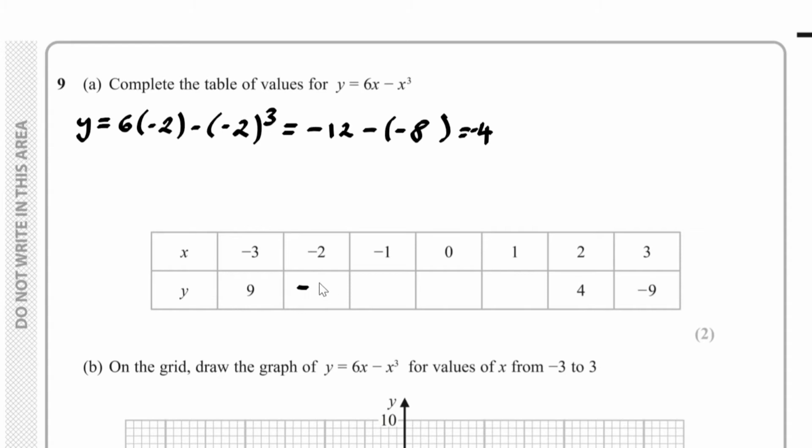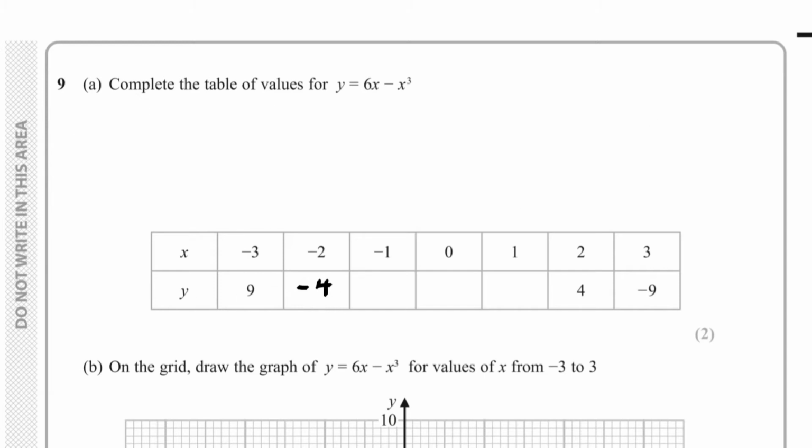So when x is negative 2, y is negative 4. When x is equal to negative 1, we've got 6 times negative 1, subtract negative 1 cubed. So I've got minus 6 minus minus 1, so that's minus 6 plus 1, which is minus 5.